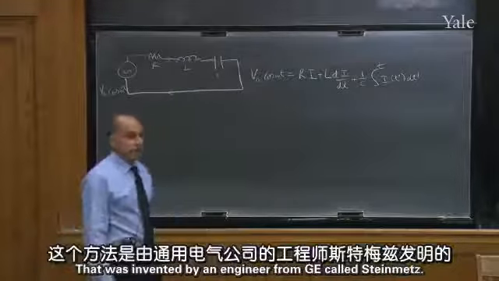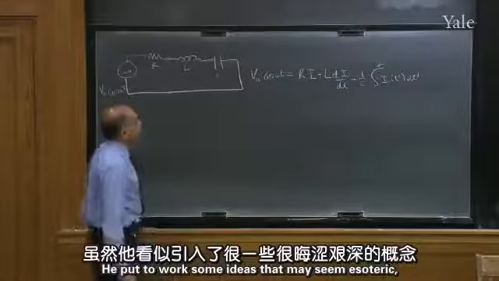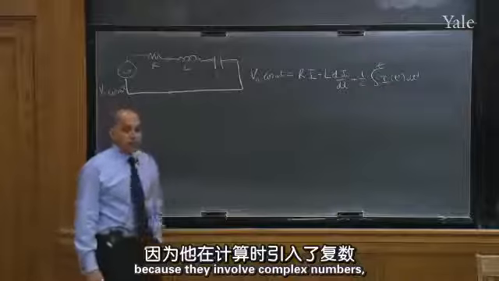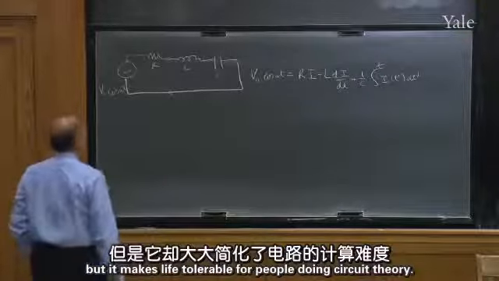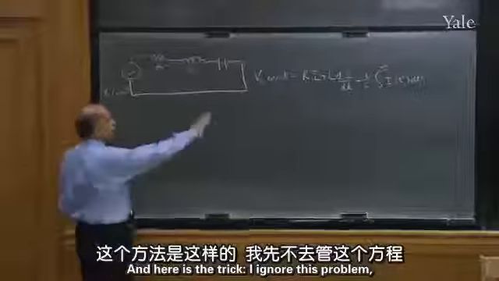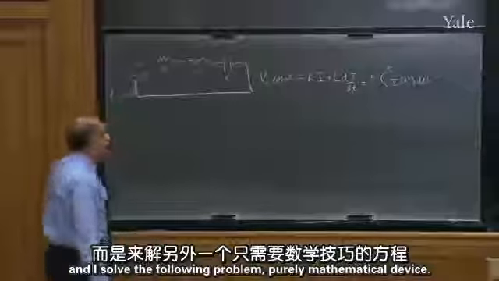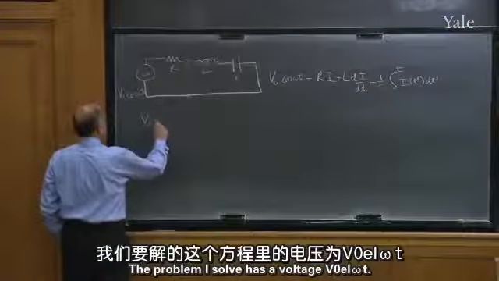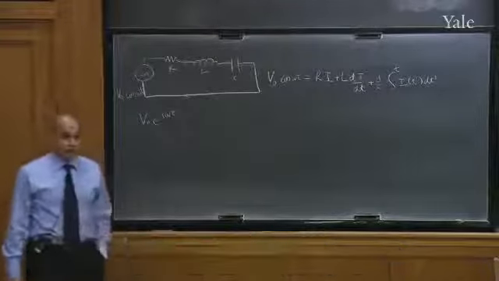That's the magic. That was invented by an engineer from GE called Steinmetz. He put to work some ideas that may seem esoteric because they involve complex numbers, but it makes life tolerable for people doing circuit theory. And here is the trick. I ignore this problem, and I solve the following problem. It's a purely mathematical device. The problem I solve has a voltage V0 e to the i omega t.